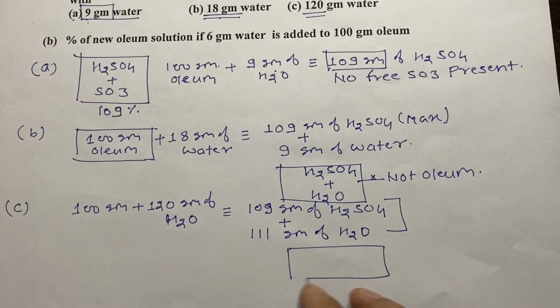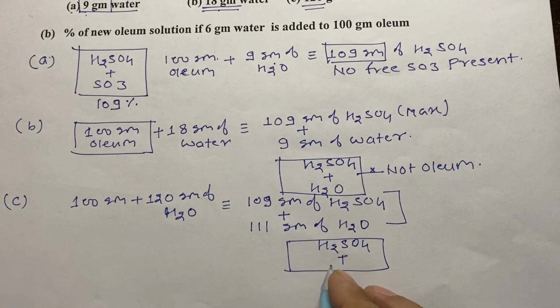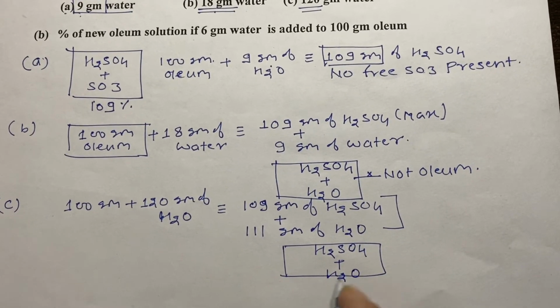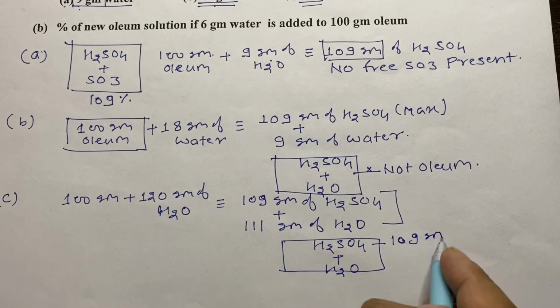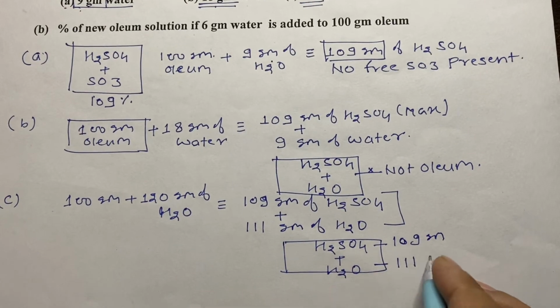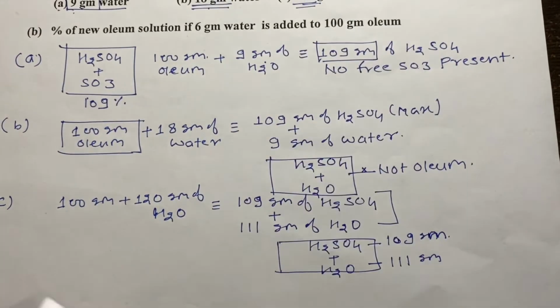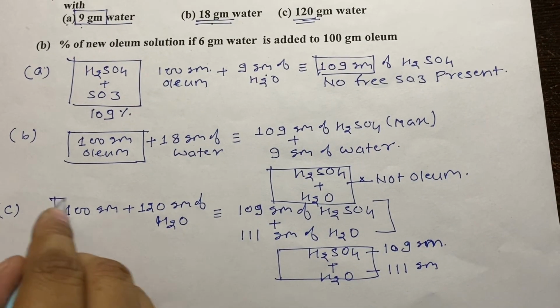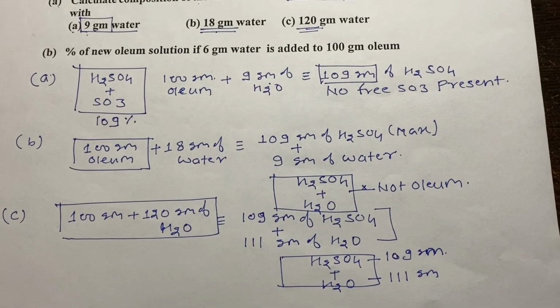Again the final solution contains H2SO4 plus H2O, which is 109 gram, the maximum amount, and water will be 111 gram, because out of 120 gram of water, 9 gram of water is used to convert the entire free SO3 into H2SO4.